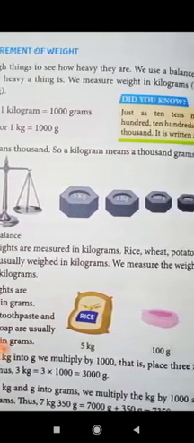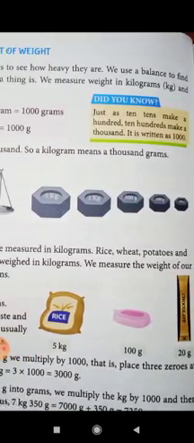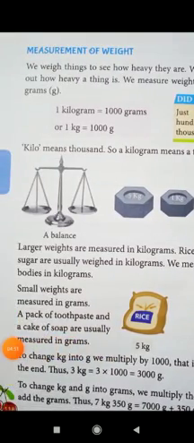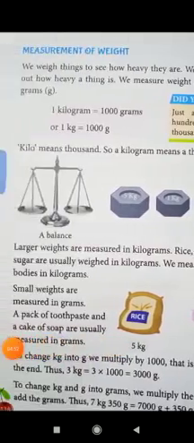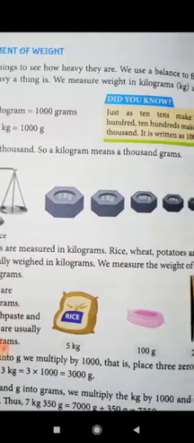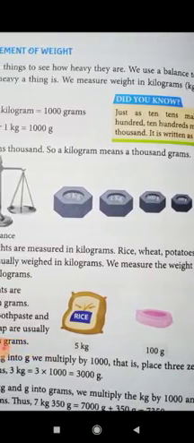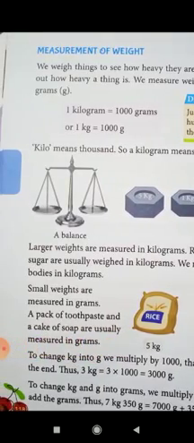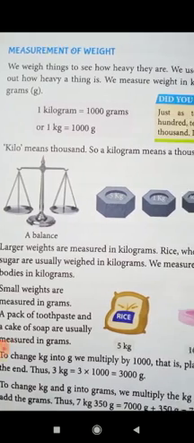For example, rice, wheat, potatoes and sugar are usually weighed in kilograms. These are heavy weights, larger weights, measured in kilograms.